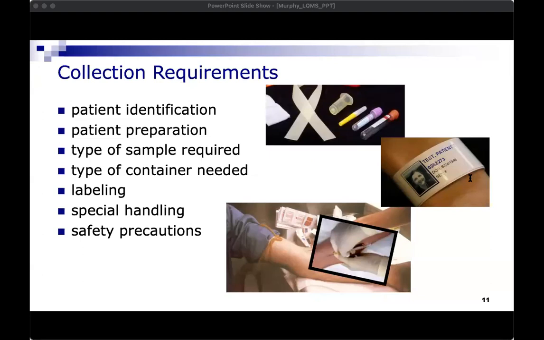An additional thing to keep in mind: sometimes patients collect samples themselves, for example, a stool sample for parasitology ID. In these kinds of situations, it's important that the lab have a separate set protocol to give to the patient themselves, to ensure that they feel comfortable collecting the sample and know exactly what's expected of them. Again, safety precautions are really important.